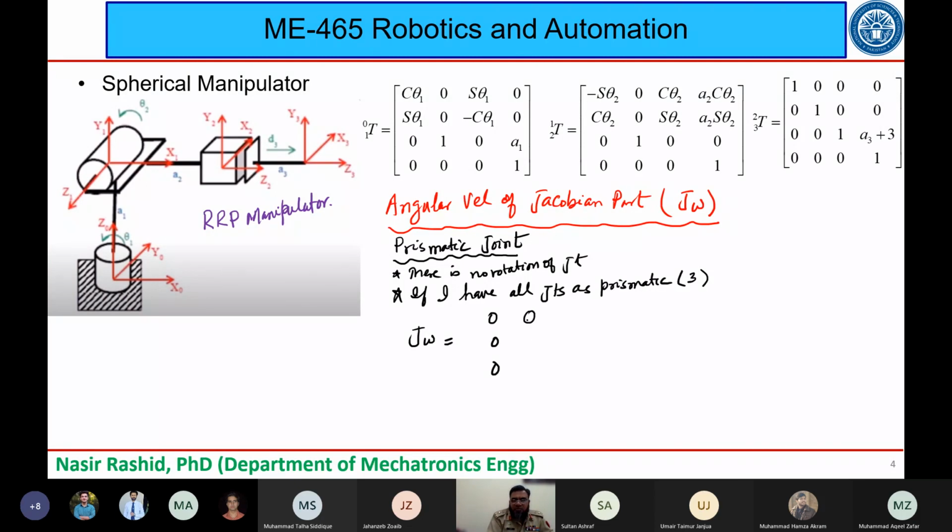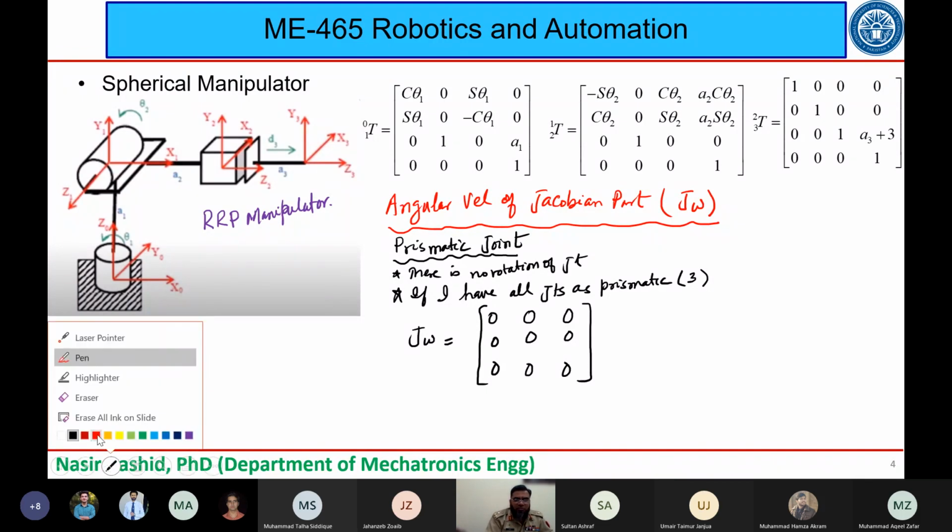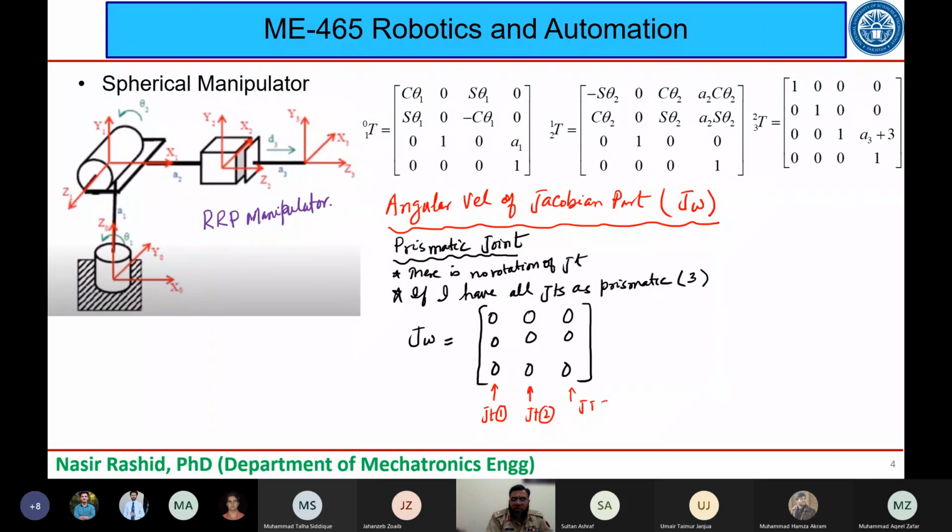Okay. For all the joints, since it's a prismatic joint, there is no rotation involved, so there is no angular velocity of the prismatic joint. So actually each column, listen to this carefully, each column corresponds to each joint. And if I have all prismatic joints, this is for joint 1, joint 2 and joint 3. Okay.